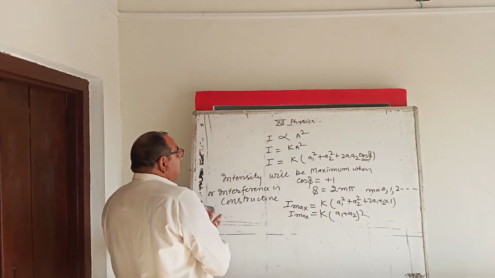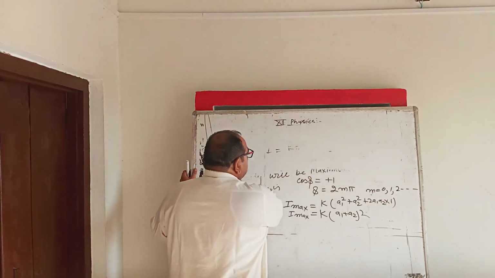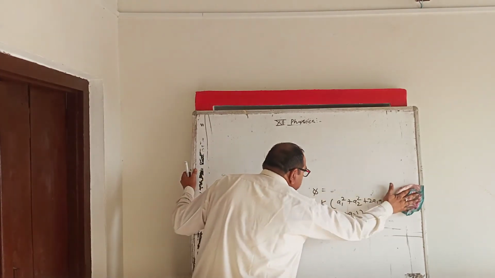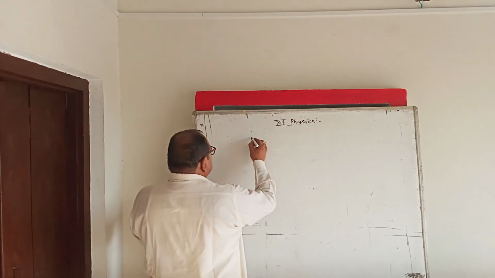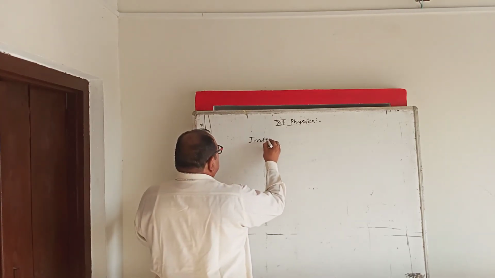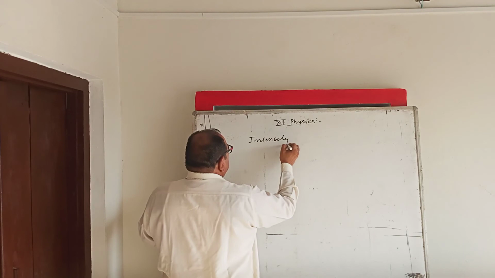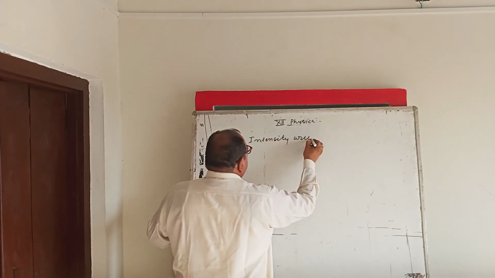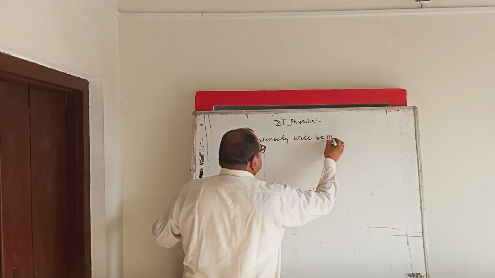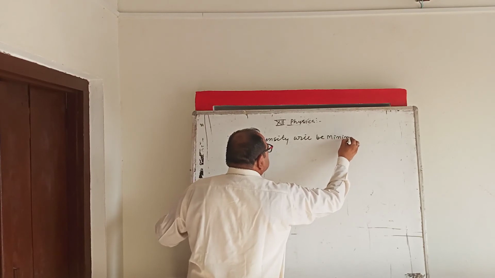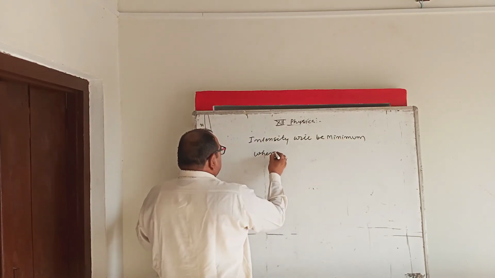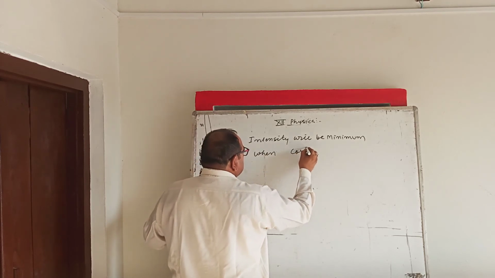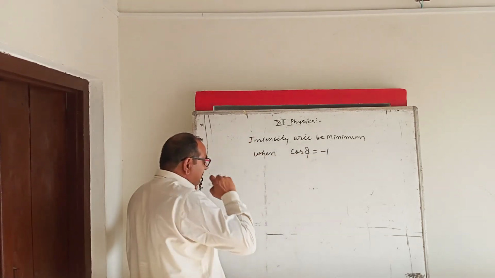Now again, the intensity will be minimum when the value of cos phi is minimum, meaning minus 1.